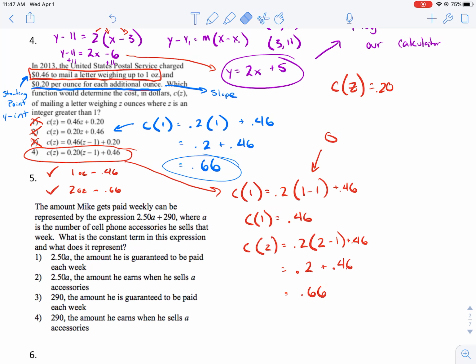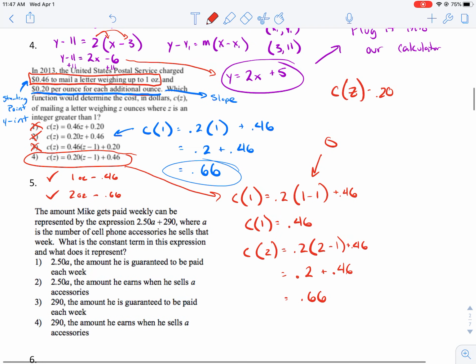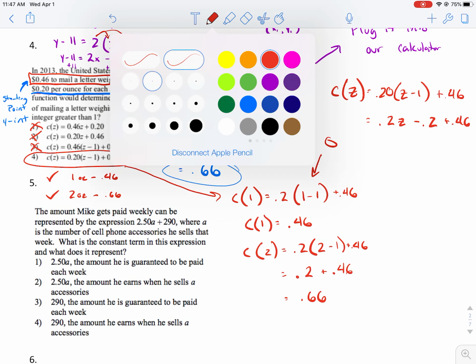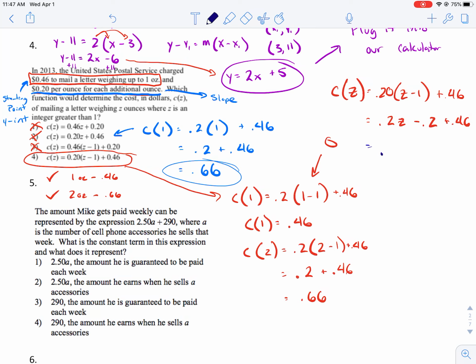Let me just simplify this right here. If we were to distribute the 0.2, 0.2 times z minus 1 plus 0.46, we would get 0.2z minus 0.2 plus 0.46.